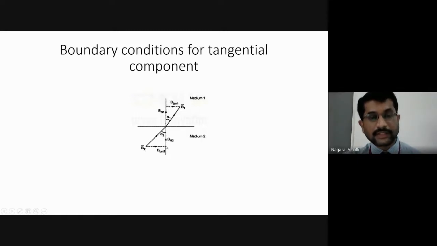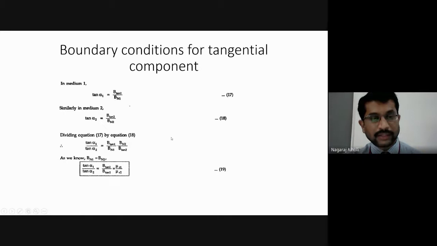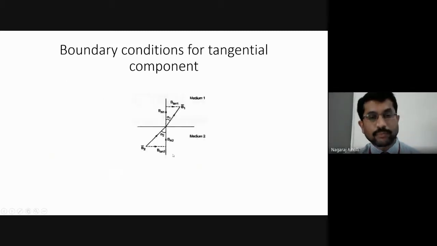As Bn1 is equal to Bn2, substituting that, we get tan alpha 1 by tan alpha 2 is equal to B tan 1 divided by B tan 2. Bn1 and Bn2 will get cancelled. This is equal to mu R1 by mu R2. Why? Because tan alpha 1 is proportional to mu R1, the relative permeability of medium 1.